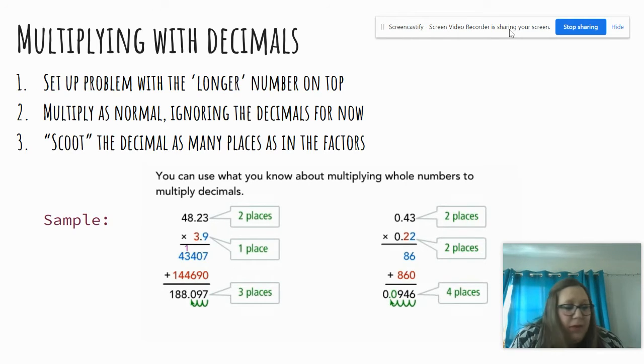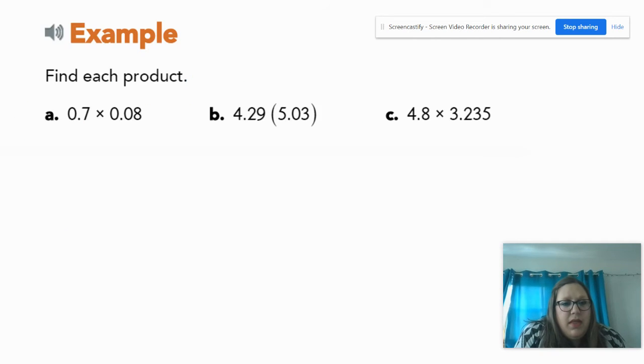We do that by counting the number of spaces in the factors first, and then using that many spaces in the product. As you can see here, our first factor has 2 places after the decimal. Our second factor has 1 place, and that means we're going to have 3 places in our product. Again, something we've done before, just a quick little refresher.